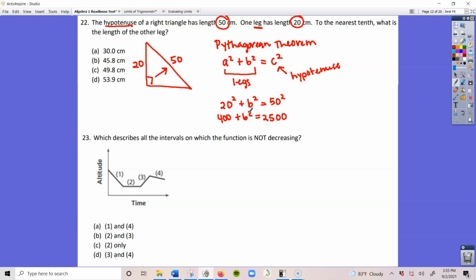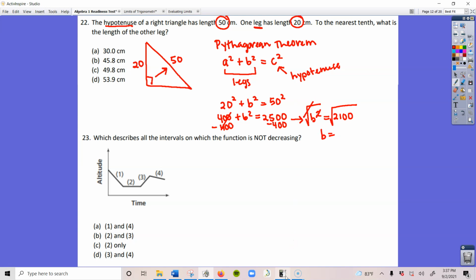So we want to get that b alone. So I'm going to start by subtracting the 400. And I get b squared is equal to 2,100. Now we square root to cancel out that exponent. So that way I get the side length for b.